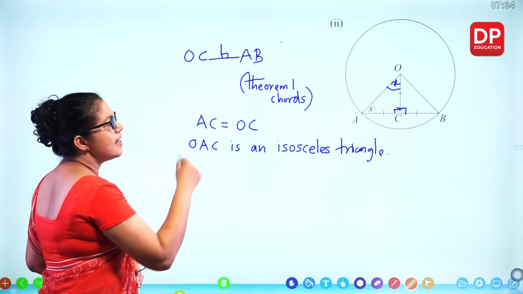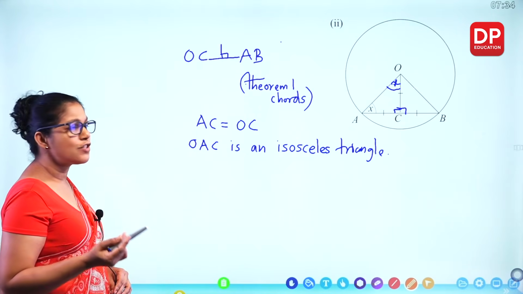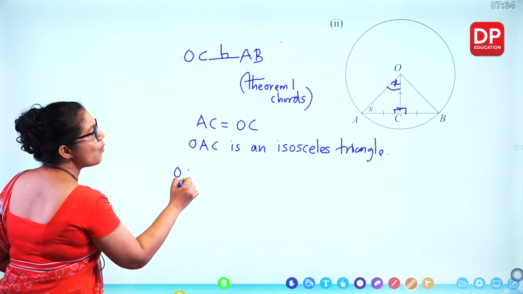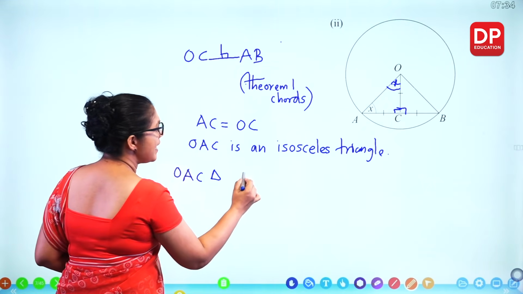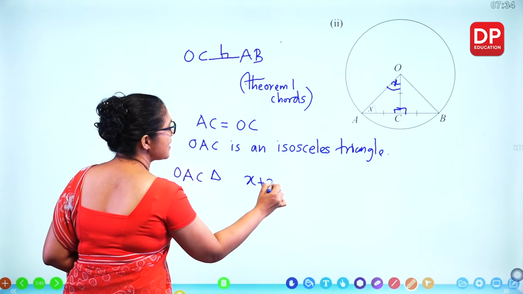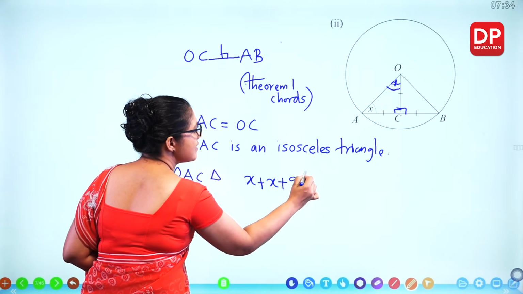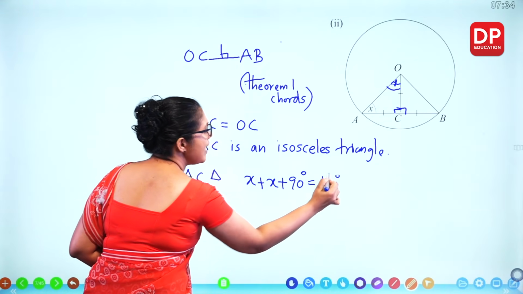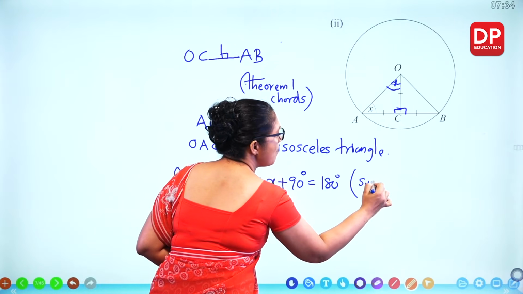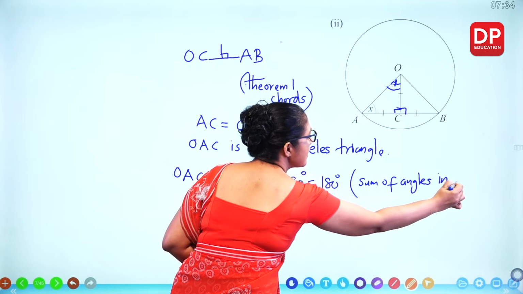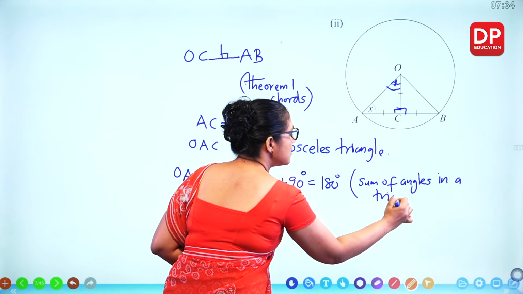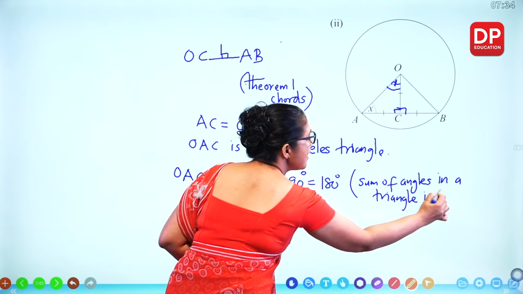Now we can use the sum of angles in a triangle. When you look at triangle OAC, what can we say? We can write x plus x plus 90 degrees is equal to 180 because the sum of angles in a triangle is 180 degrees.